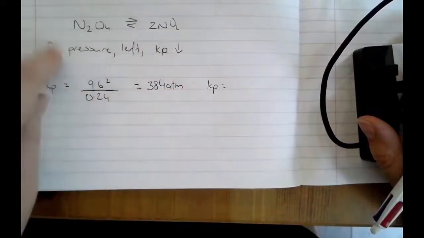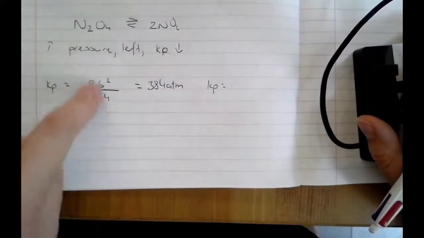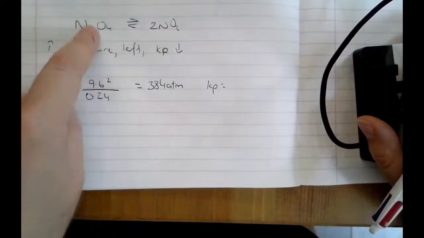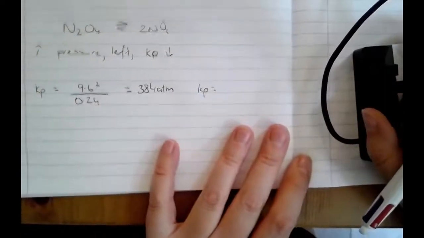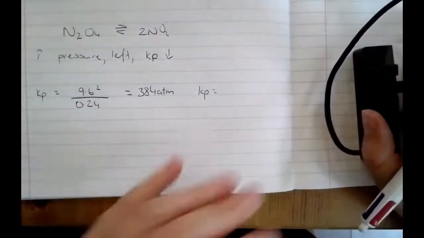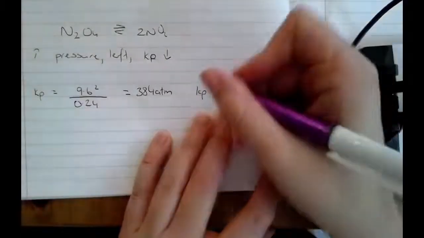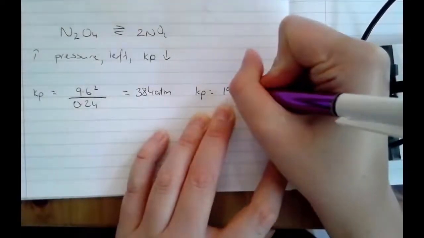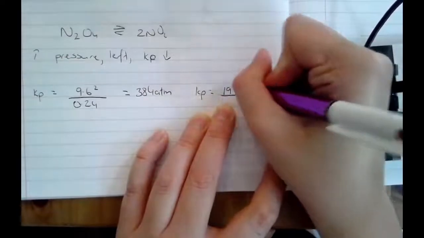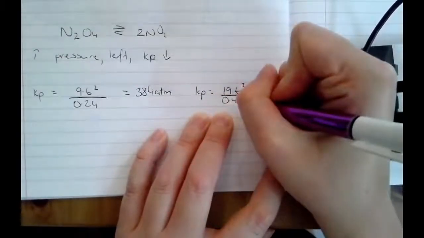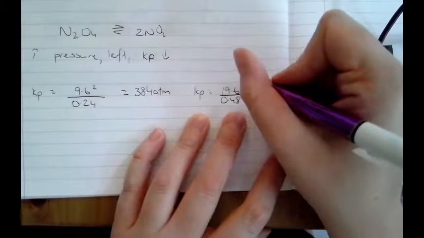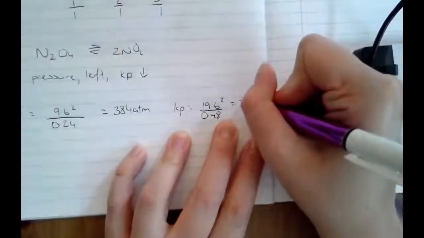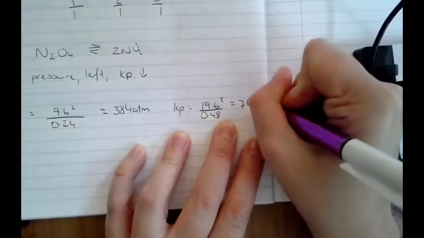So let's just say I'm doubling the total pressure. And when I double the total pressure, I end up with a value of 768 atmospheres.